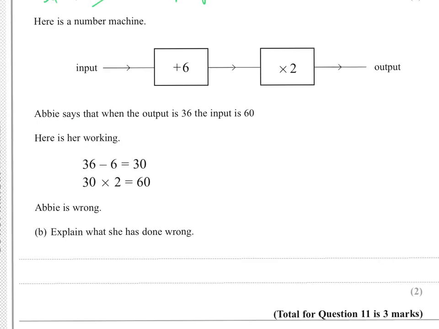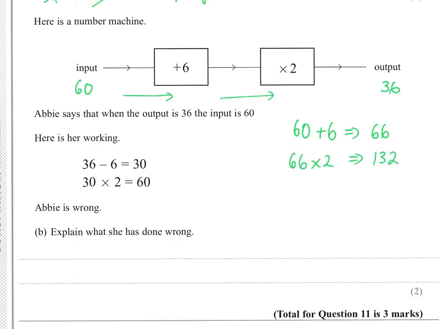For this part of the question, there's a number machine, and Abby says that when the output is 36, the input is 60. Well, let's have a look what should happen by looking at the number machine as it stands. If we put 60 in, and then we added 6, like it asks us to do, and then times the answer by 2, we'd have 60 plus 6 is 66, and then 66 multiplied by 2 would be 132, which certainly isn't 36.